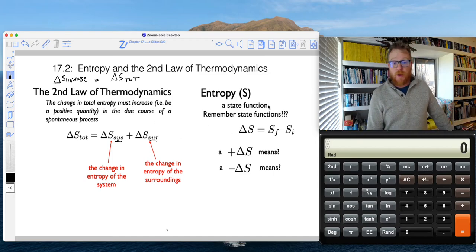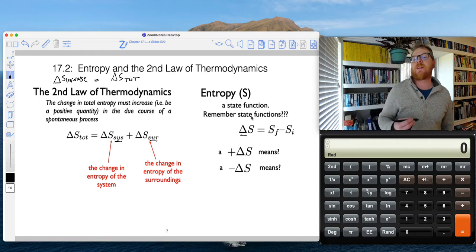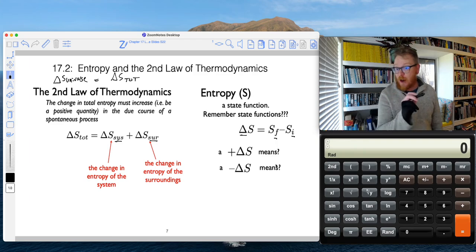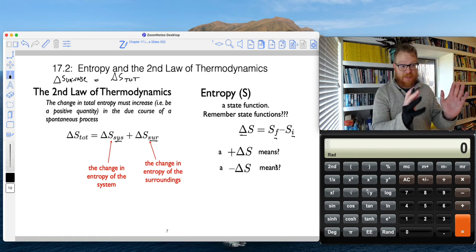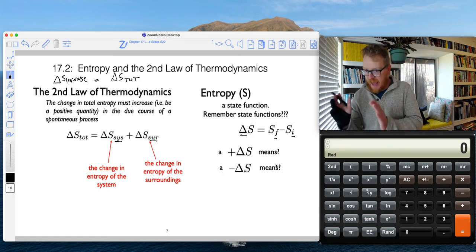So we remember that capital letters are state functions, hopefully. And the delta means final minus initial. Because this is a state function, we only care about the final state and the initial state. So we're not looking at activation energy that occurs between the final and initial states. We only care about what the state of entropy is at the beginning and at the end.